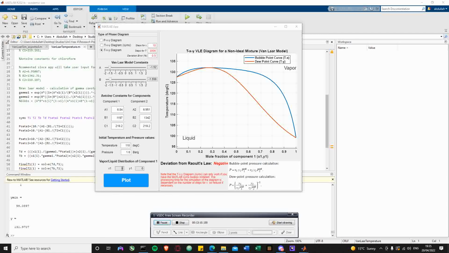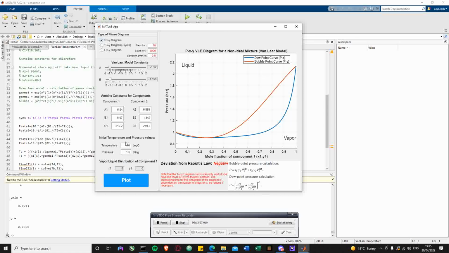You'll also notice that at the moment there are two boxes here, x1 and y1. This is still in the testing stage of the program, so it can't be used yet. What this will serve as is for a PXY diagram: if we put in a pressure of 2, for example, we will get these two values to plot the x1 value at 2 bar.